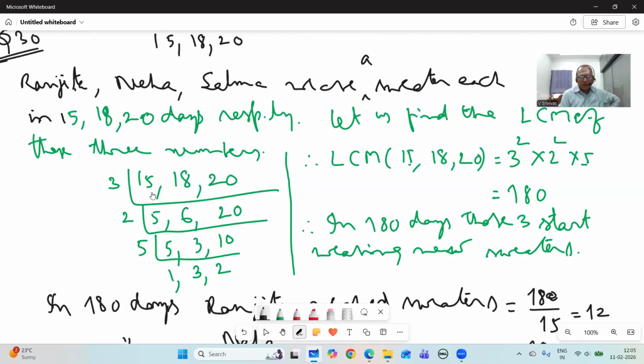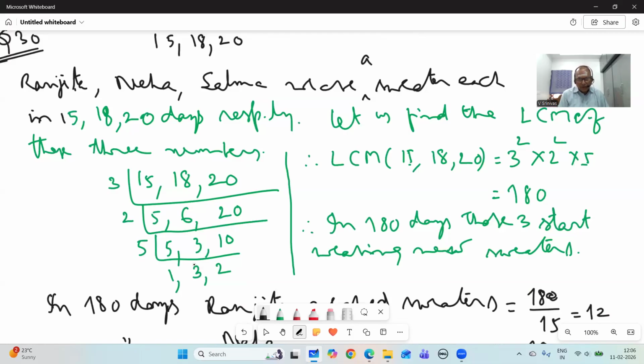So I have calculated. First you go for the common factor of all these three. There is none. This is 3 square into 2. So 2 is not a factor of this. So 3 is not a factor of this. So we don't have a common factor. Still, if for 2 of these numbers you have a factor, go for that. 3 divides this 5 times, 6 times, and then 2 divides these two, 3 times, 10 times, and then 5 divides these two, 1 time, 2 times, and take 3 as it is.